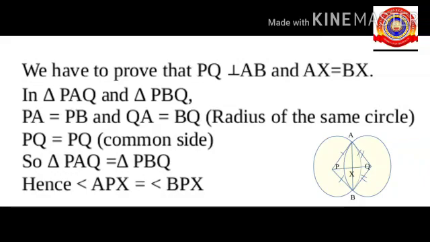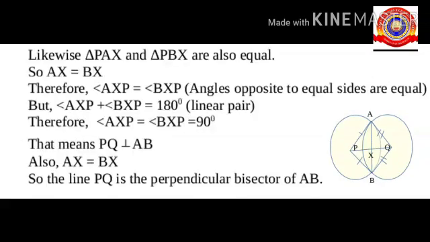Hence angle APX is equal to angle BPX. Likewise, triangles PAX and PBX are also congruent. So AX is equal to BX. Therefore, angle AXP is equal to angle BXP.